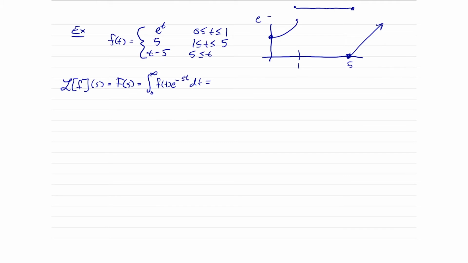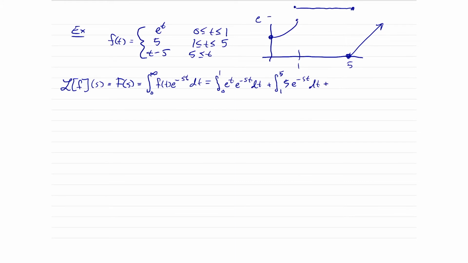So I'm going to split the integral from 0 to 1, and we have e to the t times e to the minus st dt. Then we're going to add on the piece from 1 to 5, and this is just going to be 5 e to the minus st dt.